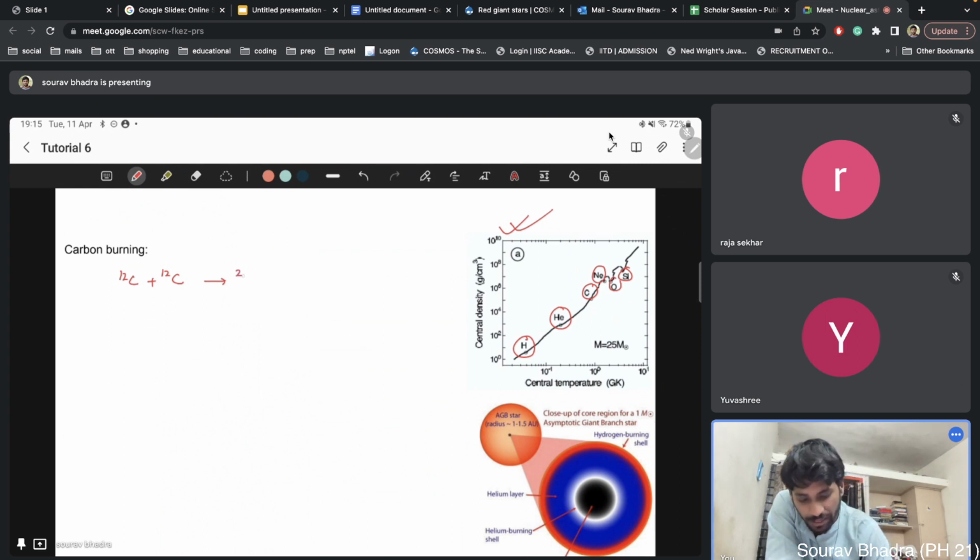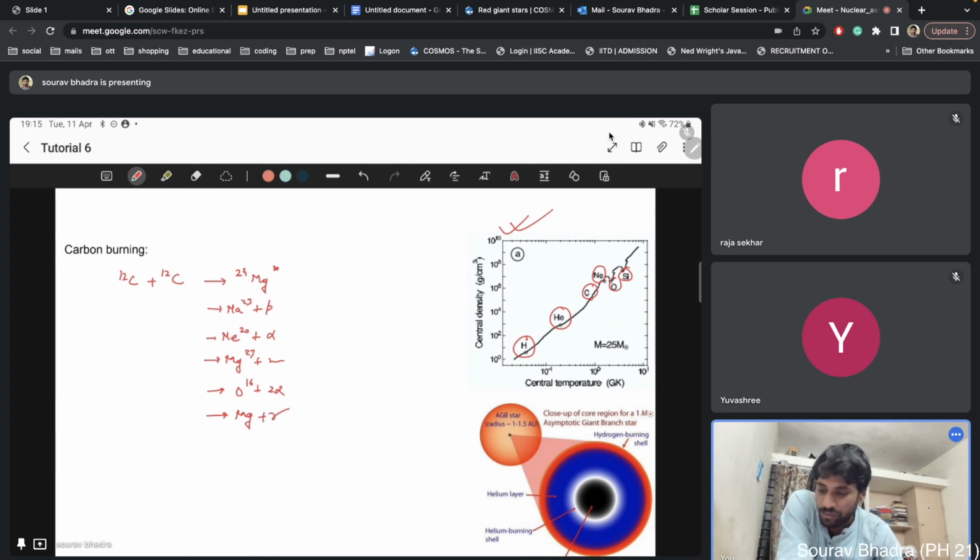So that it can create 24Mg. Also, there are many reactions possible, neon 20 plus alpha, all these reactions are possible depending on the Q value. Okay, so all these reactions are possible due to the fusion of 12C plus 12C.